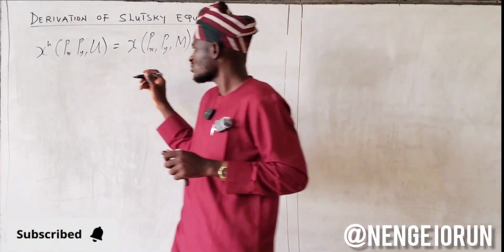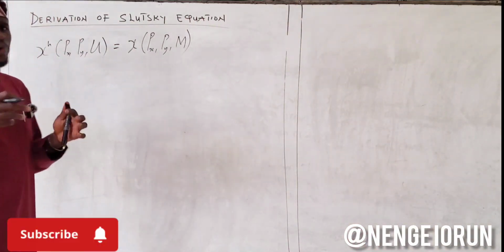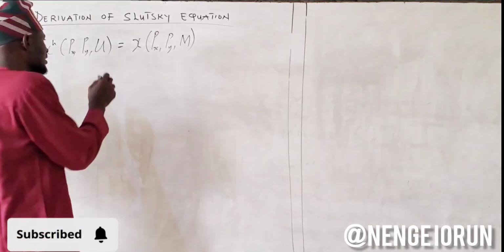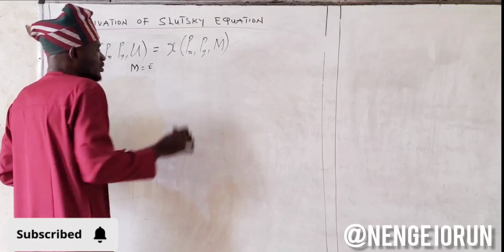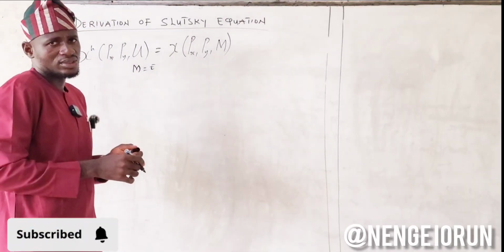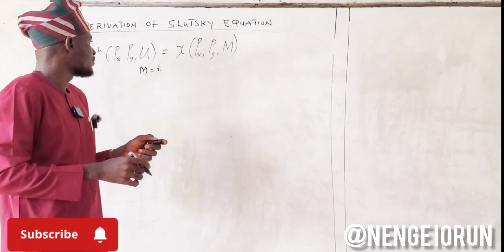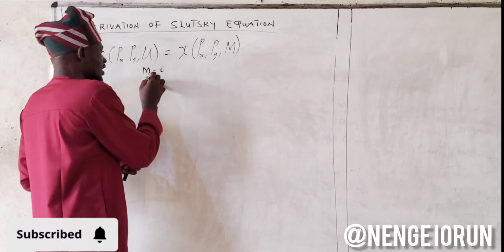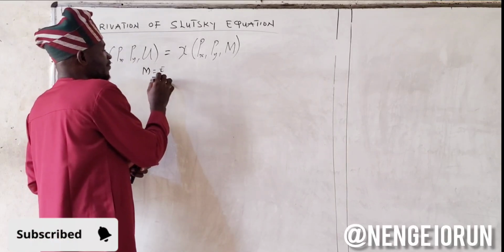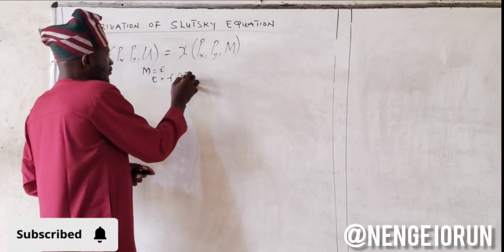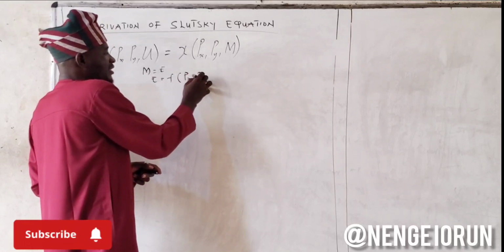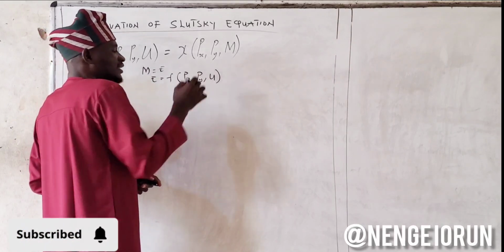Note that the total income of a consumer is estimated at a point where income is equal to expenditure. In that case, the expenditure function, which is E, is a function of the prices of x and y and utility.